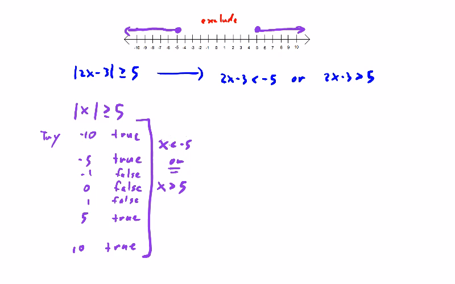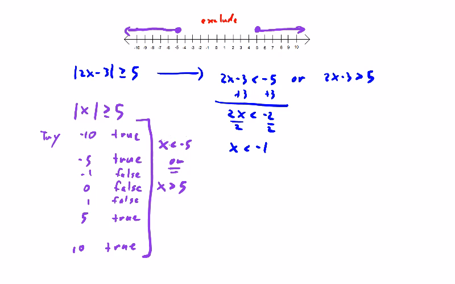So let's continue solving this. We'll solve them exactly the same way that we did before. We want to add 3 to both sides. So we're left with 2x is less than negative 2. Divide both sides by 2, and we're left with x is less than negative 1.